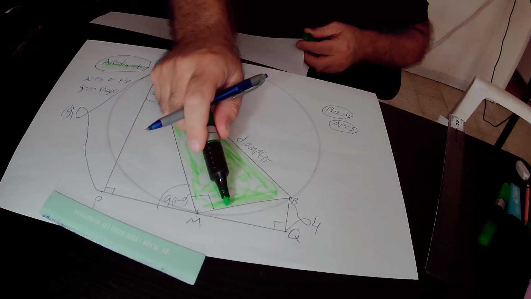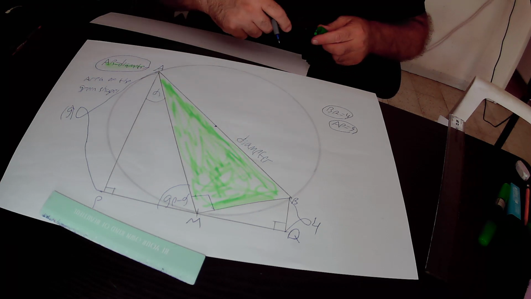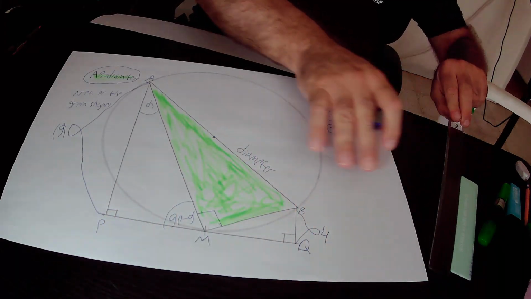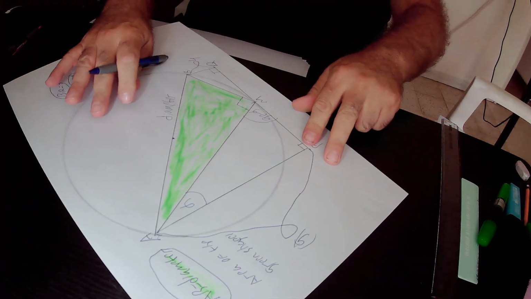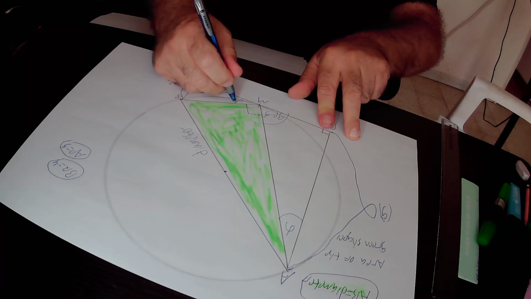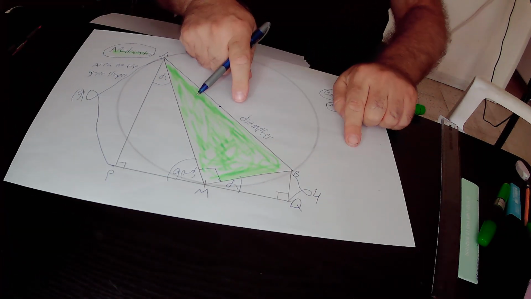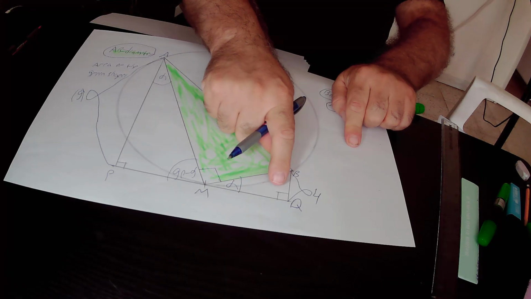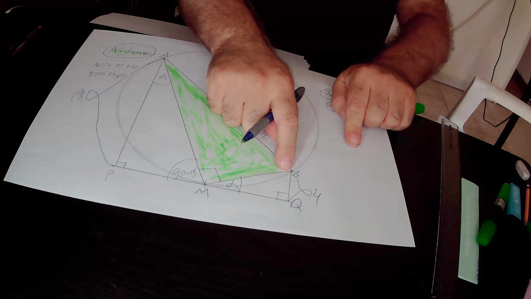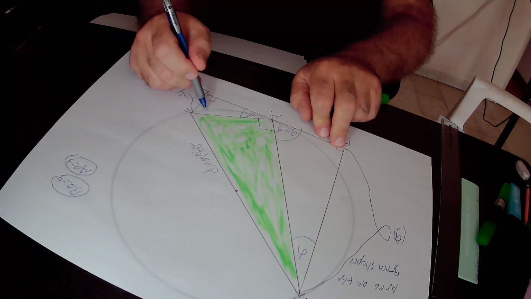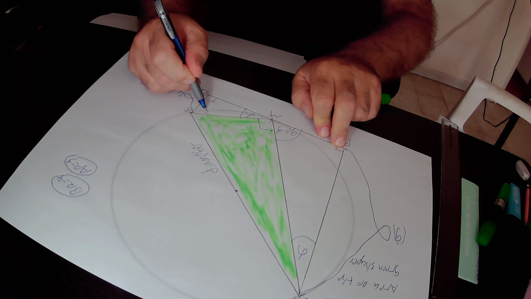So in this small right triangle BMQ, this angle equals alpha, this angle equals 90 degrees, and therefore this furthest angle must be equal to 90 degrees minus alpha, according to the rule that says that the sum of the angles in a triangle is equal to 180 degrees.